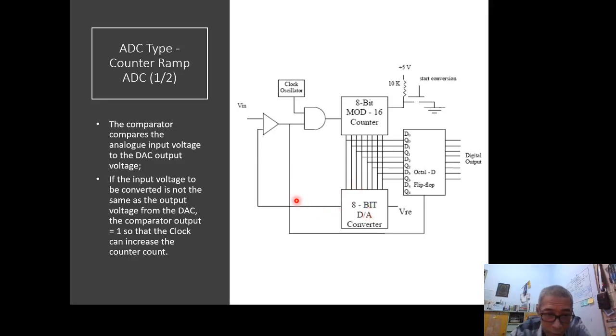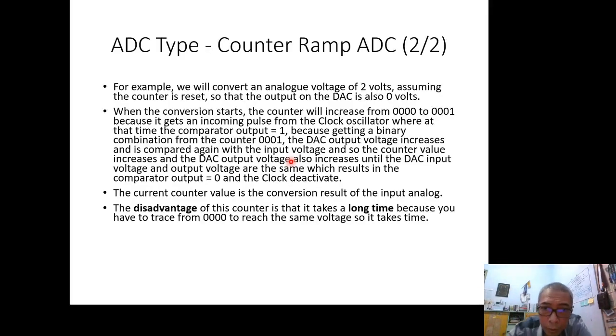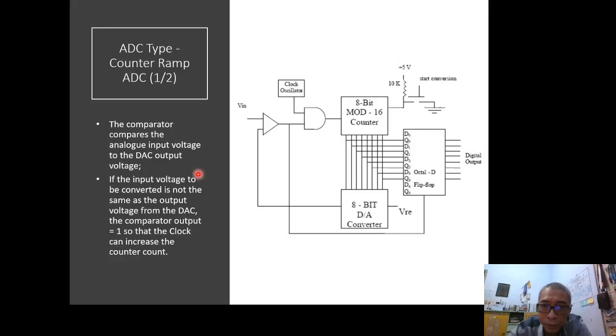If the input is not the same as the output, the comparator output is 1 and the clock runs. The DAC output voltage increases and is compared again with the input voltage, so the counter value increases and the DAC output voltage also increases until the input voltage and DAC output voltage are the same, which results in the comparator output 0, and the clock is deactivated because we are using this kind of AND gate.